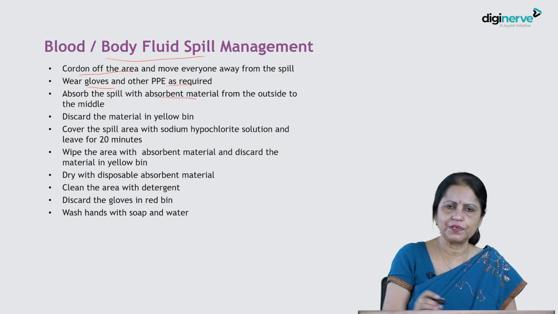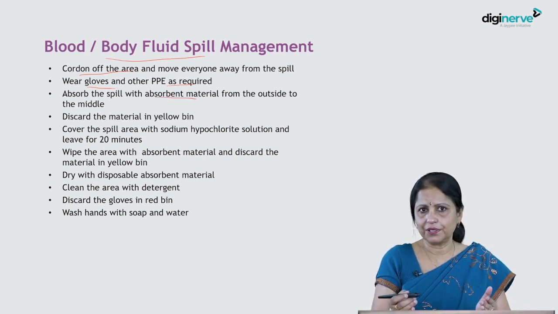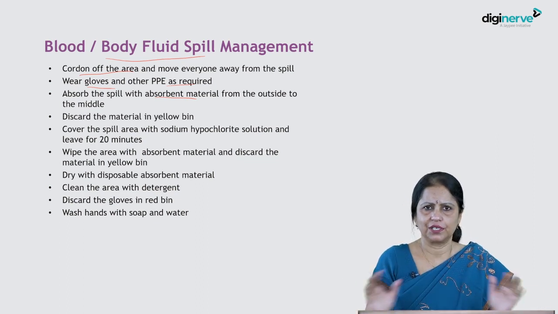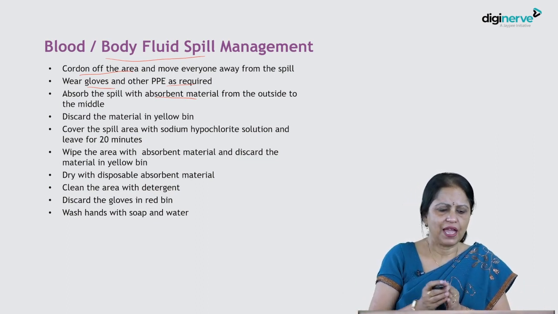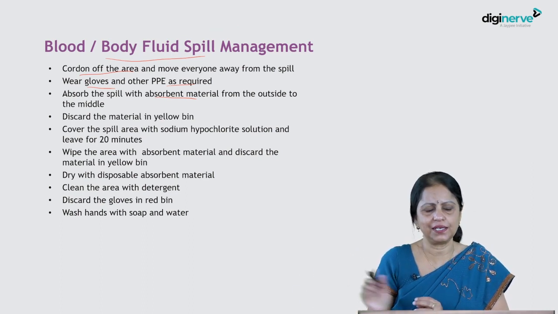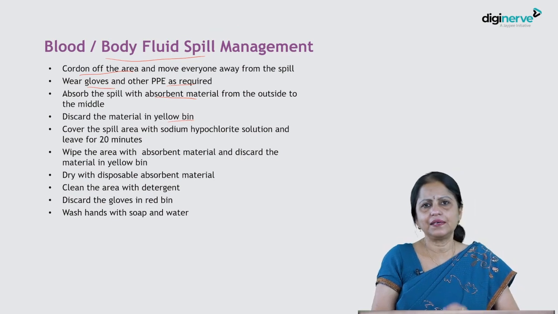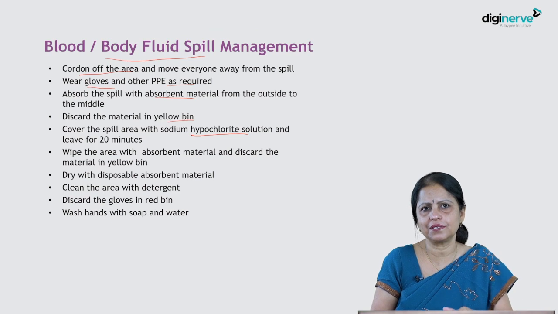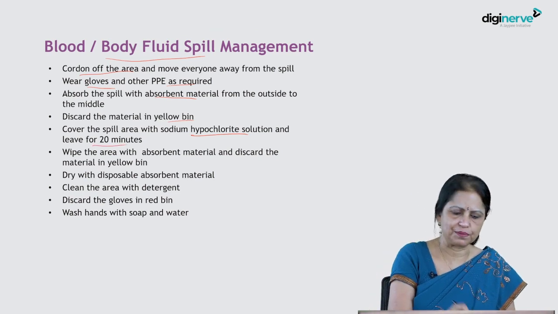After that starts the process. So with absorbent material, the liquid that is there should be wiped off starting from outside inwards. Then the absorbent material, soiled material, should be discarded in yellow bin. Then the spill area should be covered with sodium hypochlorite solution, because this is disinfectant, and left for 20 minutes.